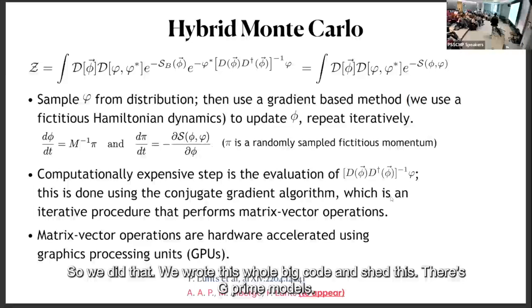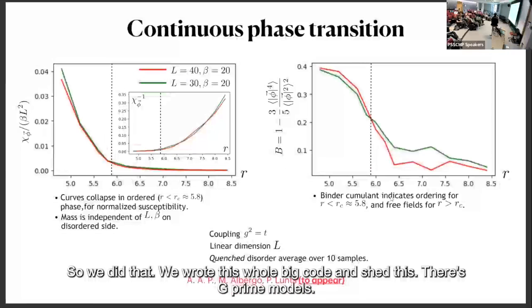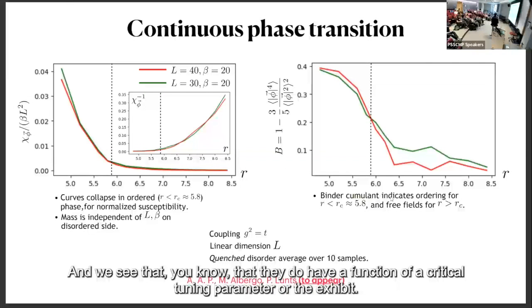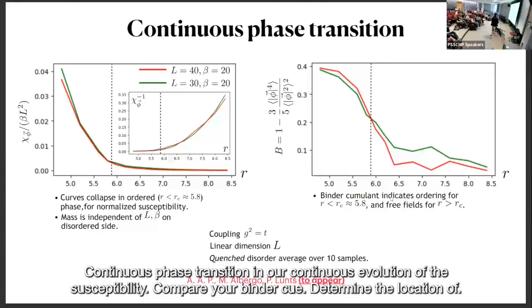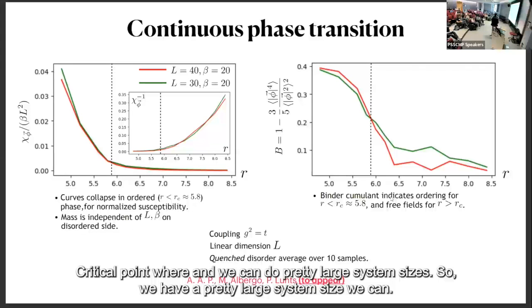We developed this whole big code and fed it these G prime models, and we see that they do have, as a function of a critical tuning parameter, a continuous phase transition and a continuous evolution of the susceptibility. Then you can compute your Binder equivalent and determine the location of the critical point where curves intersect, and we can do pretty large system sizes.